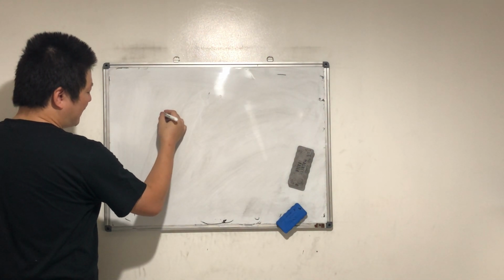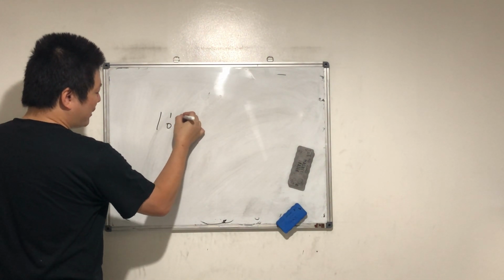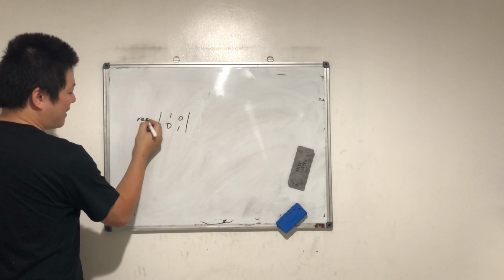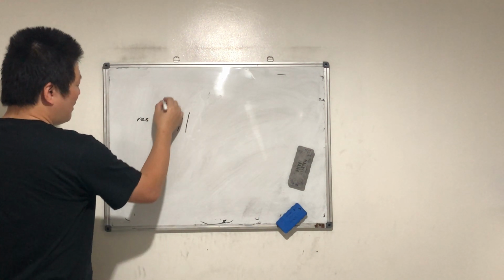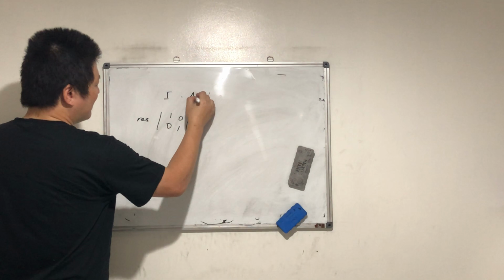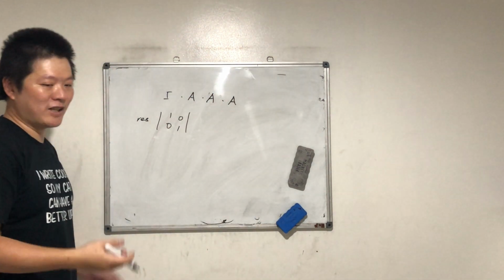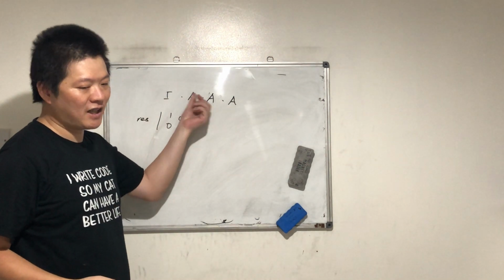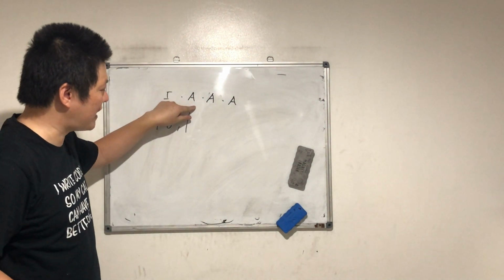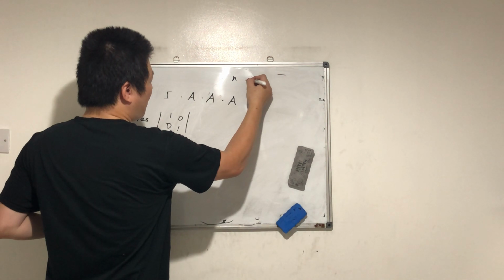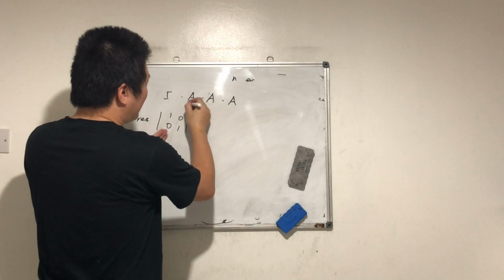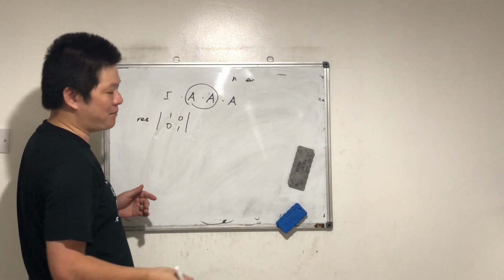We give it the identity first, and this is the result, for example, and then we times a, and times a, and by following this pattern, we can calculate the answer. If n is even, we square it. If n is odd, we times it.